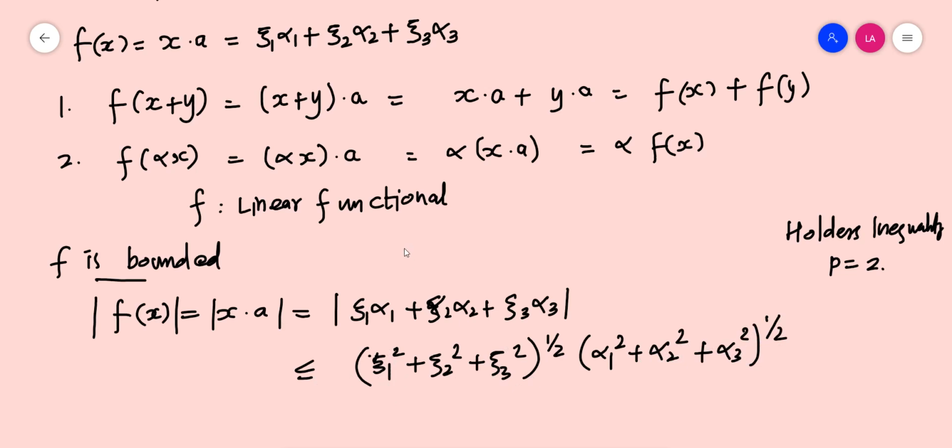In R cube the usual norm is defined as the square root of the sum of the squares of the components. So this is norm x and this is norm a.